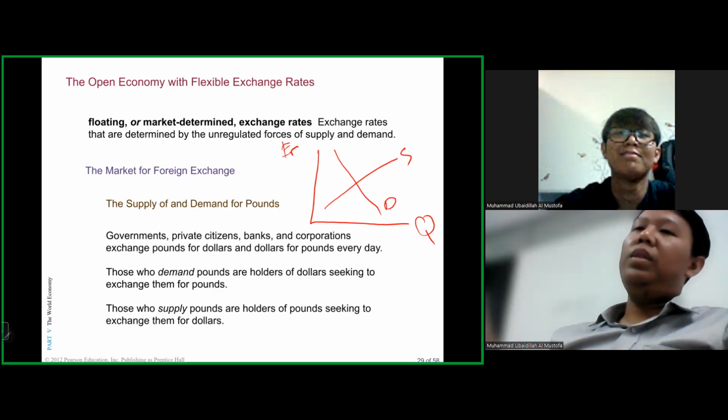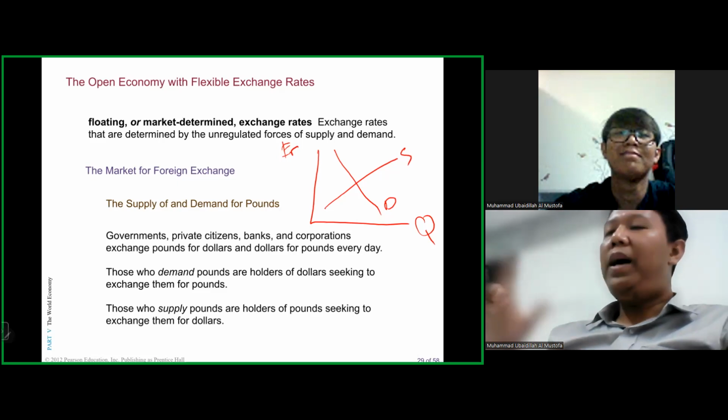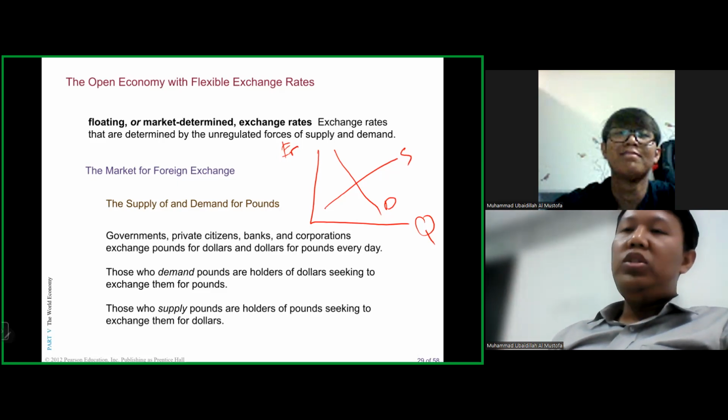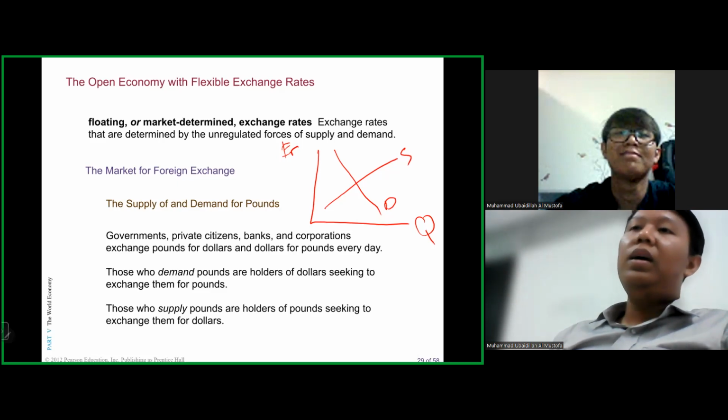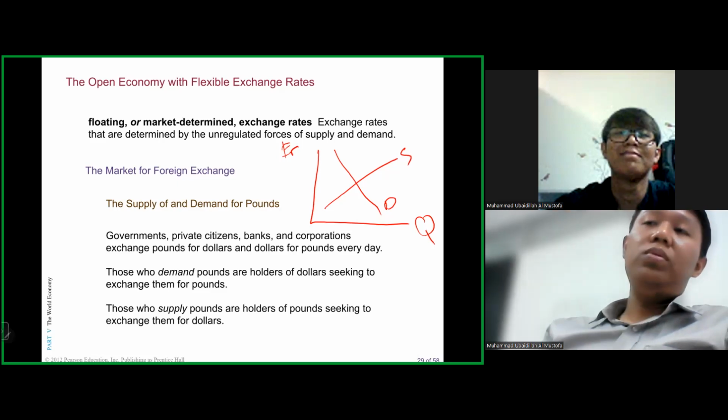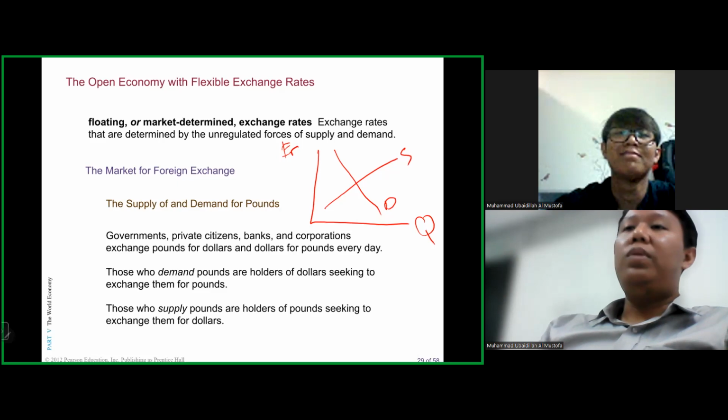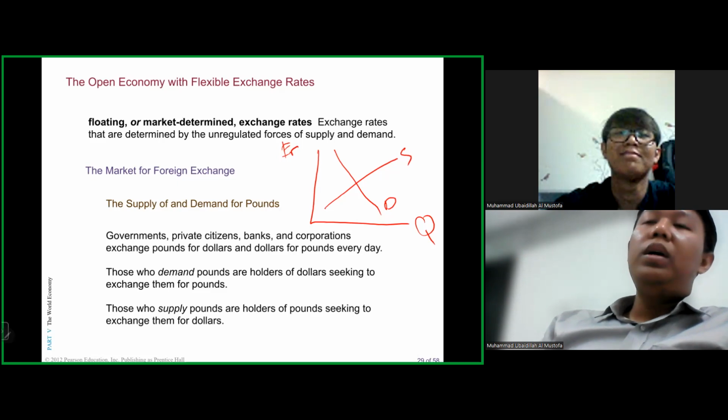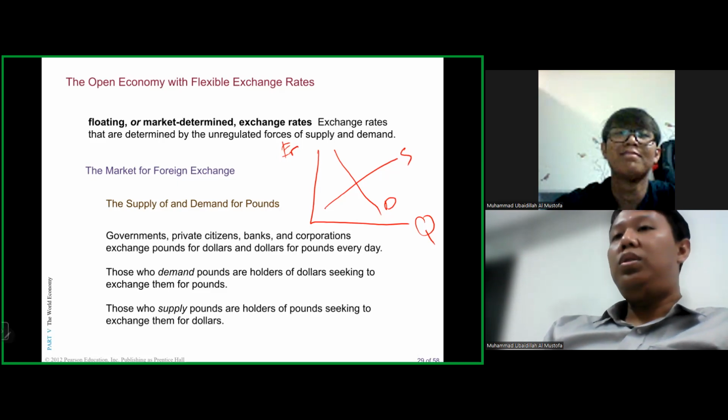So the model of supply and demand for foreign currency is more specific, because we need to find those who, for example, demand pounds, which are the holders of dollars seeking to exchange them for pounds. And those who supply pounds are holders of pounds willing to exchange that currency for dollars.